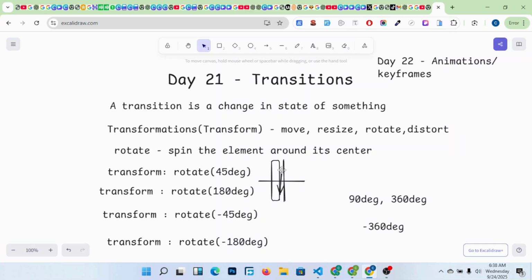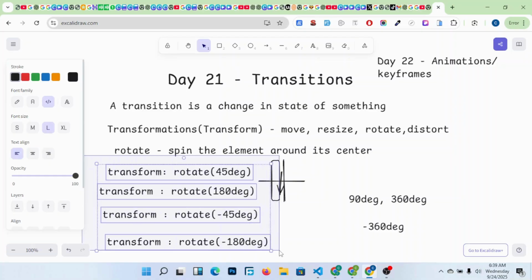Rotate 360. But now if you say negative 360, it will start from here and rotate like this anti-clockwise up to this side. So members, I hope you don't have any problem with that. I hope you are good here.